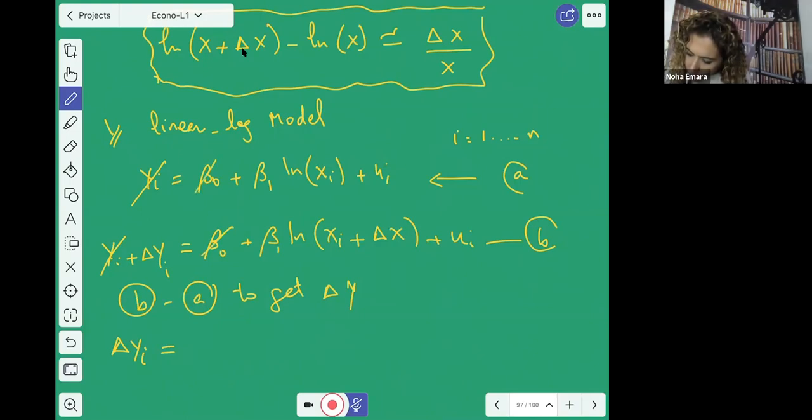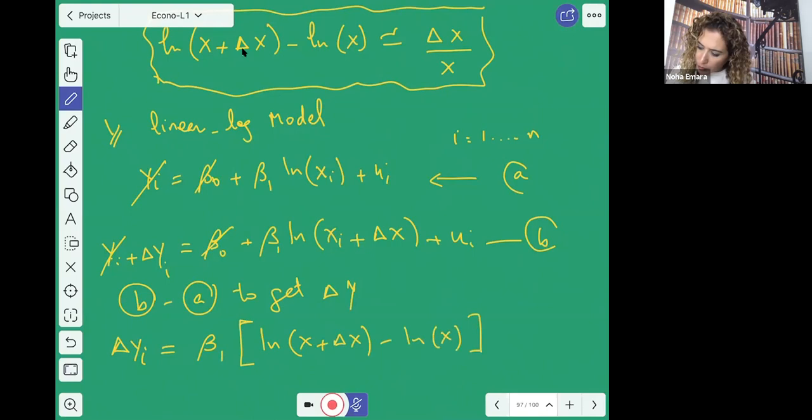Next, when I subtract B from A, I do have a common factor of beta 1. But what I have inside the bracket is log of x plus the change in x, minus the log of x. And of course, the u_i would cancel with the u_i.